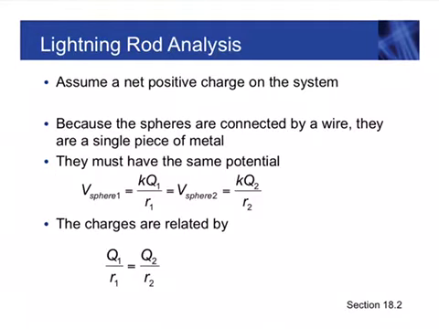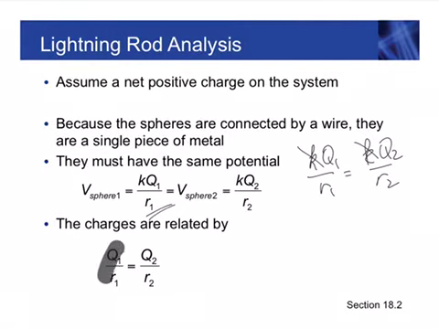So we can continue and do the math. kQ1 over R1, the potential on the first sphere, is equal to kQ2 over R2. Canceling out k, we get that the charges are related by this relationship: Q1 over R1 is equal to Q2 over R2.